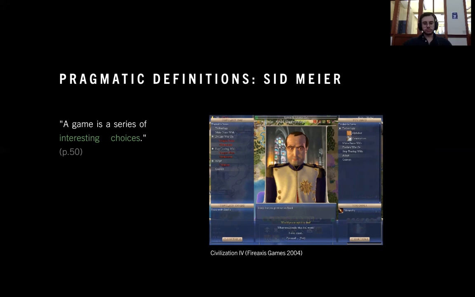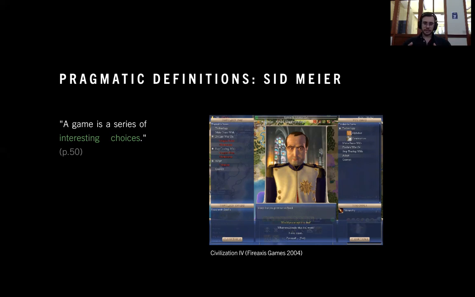And this can be true for some games, such as Civilization, This War of Mine, Papers, Please, Detroit: Become Human, you name it. But it is not necessarily true for games such as Call of Duty. I don't think that it is an interesting choice for us whether we shoot that enemy or not. It is rather a be-killed-or-kill situation, and it's not really an interesting choice that we have there. Doesn't make it a bad game, right?